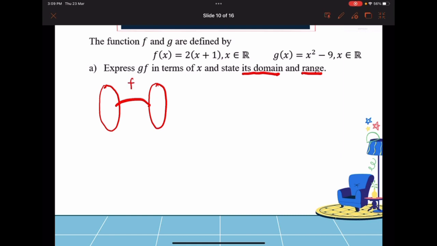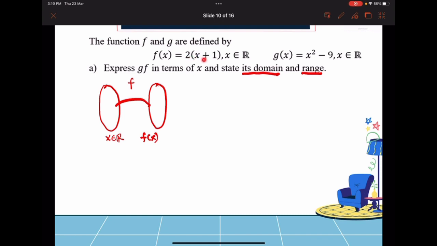Now, let's refer back to the question here. You have the domain of f given as x real number. This is the domain of f. Now, what about the range of f(x)? Very simple. This is a linear function.